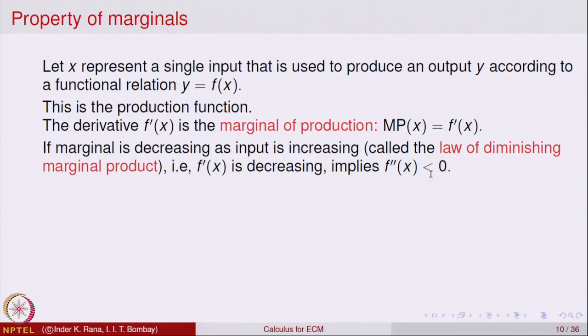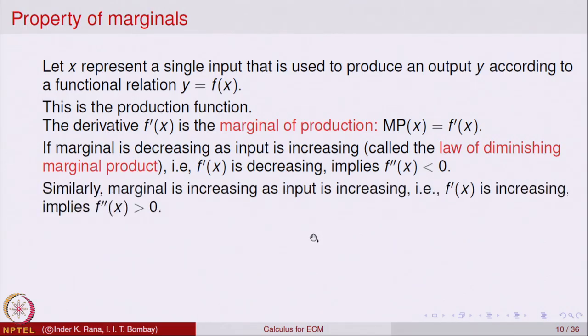The point I am trying to make is that saying something about the marginal reveals a property of the second derivative of the production function. So, that is the second derivative.